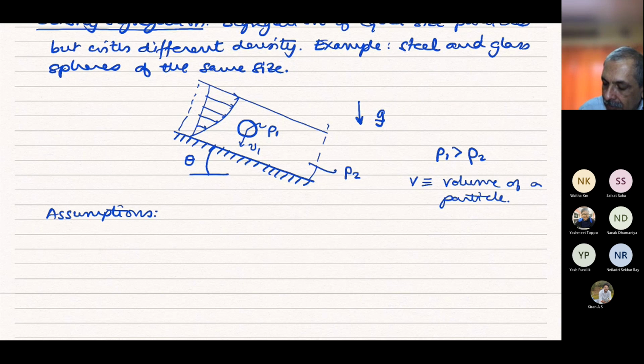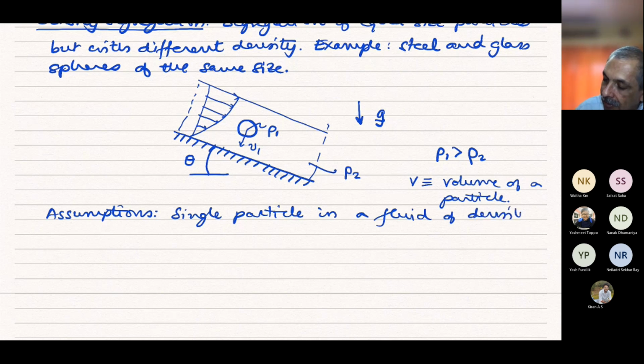We have a single particle in a fluid of density rho, and this rho I'm going to put as phi, the volume fraction, times rho 2.